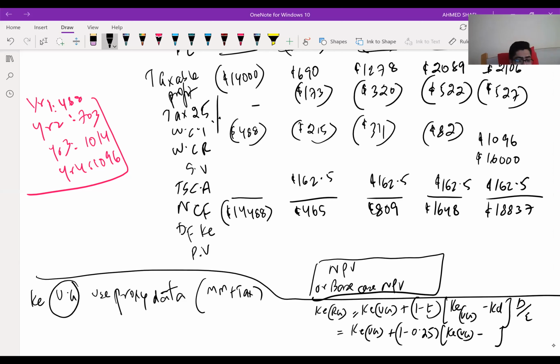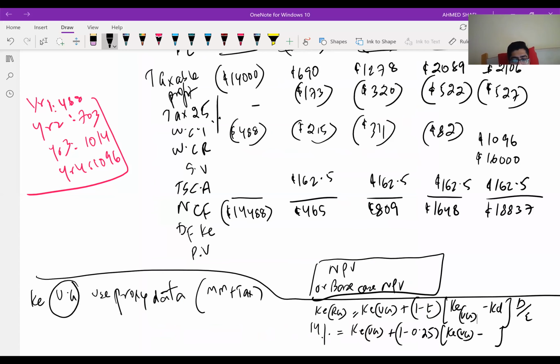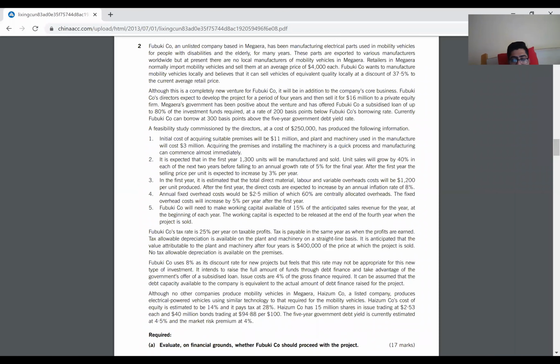So what is the proxy's KE? Hazem company's KE, see in the last paragraph, 14%. KD is not given. I told you, you can use RF if KD is not given. RF is 4.5%.